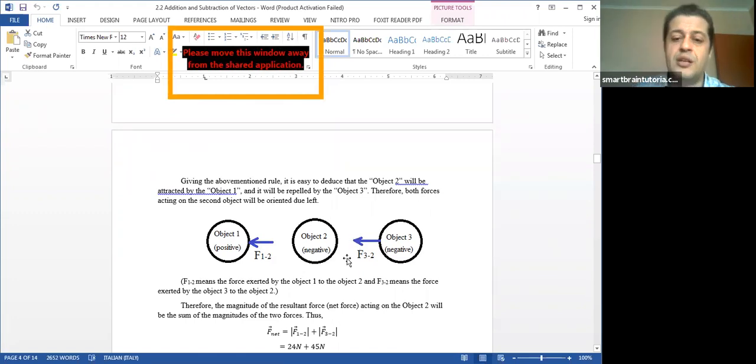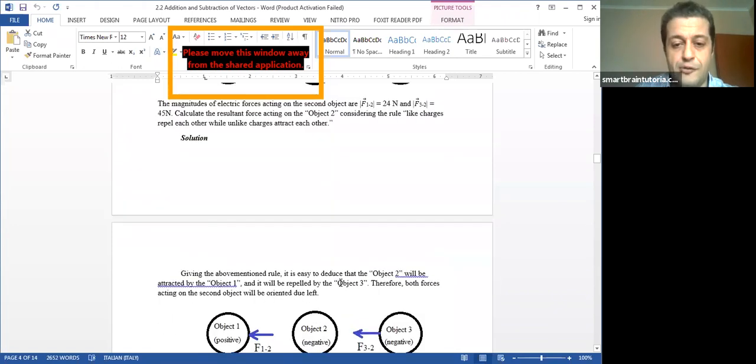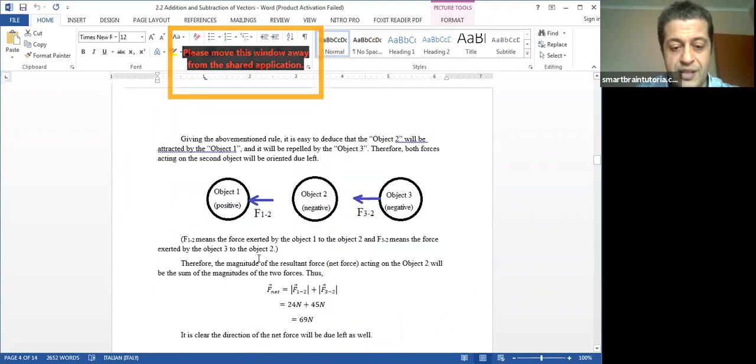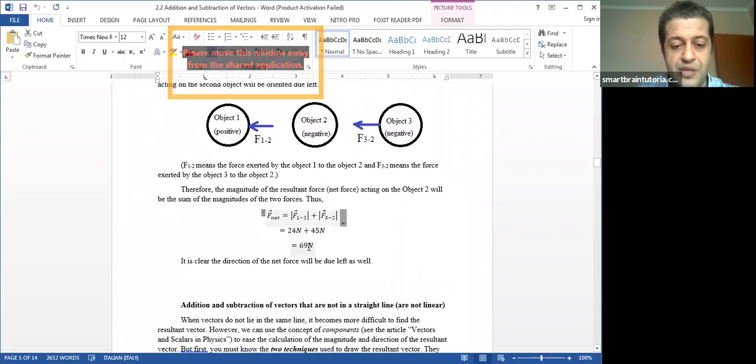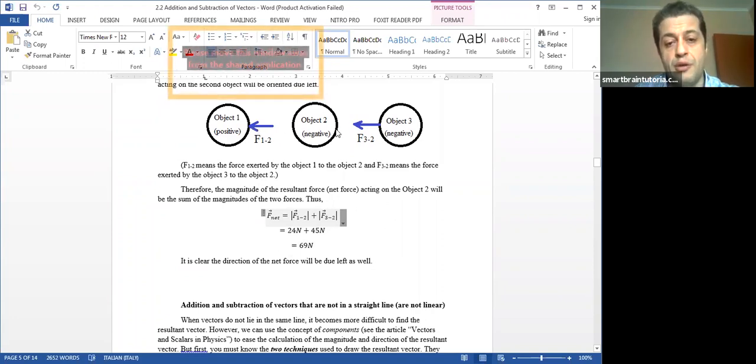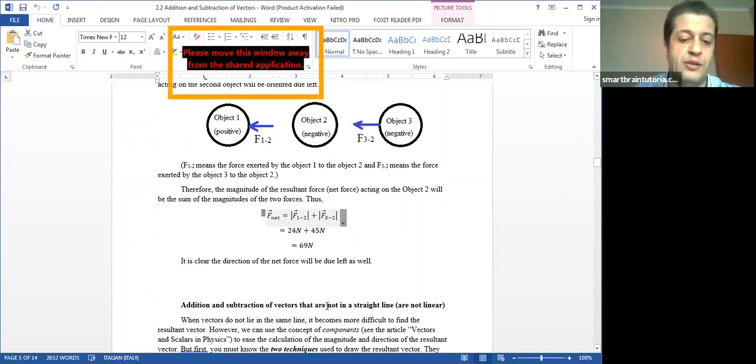So basically we must add these forces, 24 and 45, and the resultant vector will be 69 newtons. It is clear that the direction of the net force will be due left, because since both vectors are directed due left, the resultant force will be due left as well.